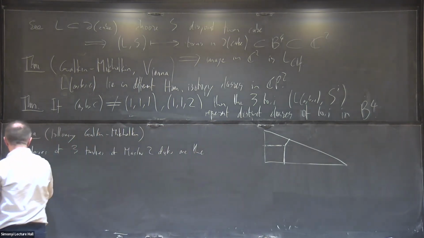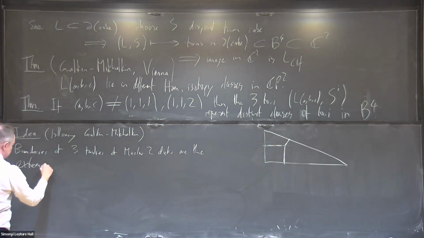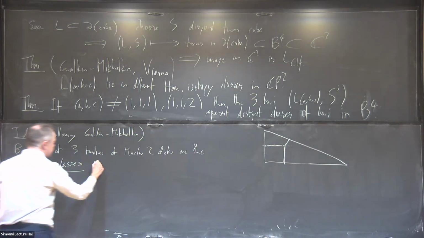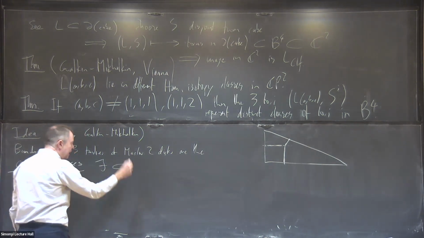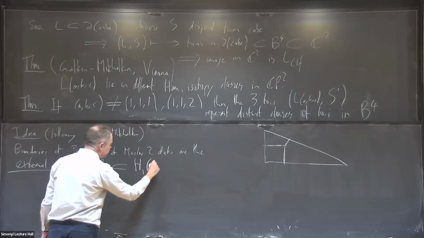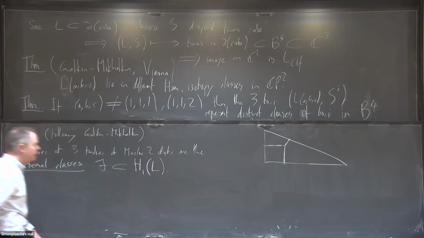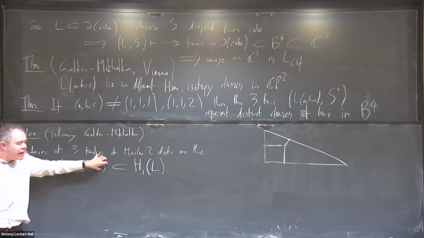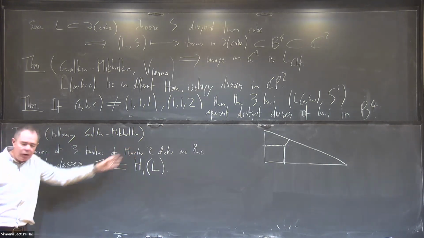So according to their paper, these are called the extremal classes. I'm taking the boundary, so they sit inside the first homology of the Lagrangian. So you take one of these Lagrangians coming from a weighted projective space, and I get the 3 extremal classes in the homology.